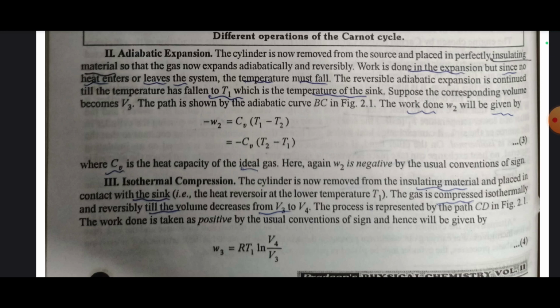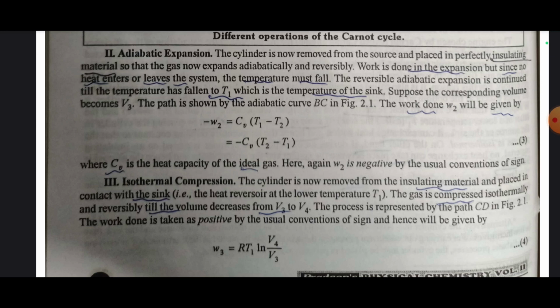Suppose the corresponding volume becomes V3. The path is shown by the adiabatic curve BC. The work done W2 will be given by minus W2 is equal to CV into T1 minus T2, or minus W2 is equal to CV into T2 minus T1, where CV is the heat capacity of the ideal gas. Here again W2 is negative by the usual convention of sign.